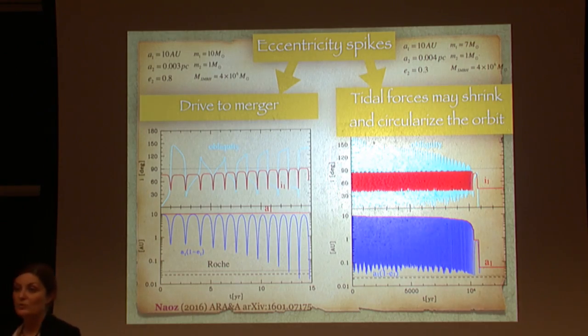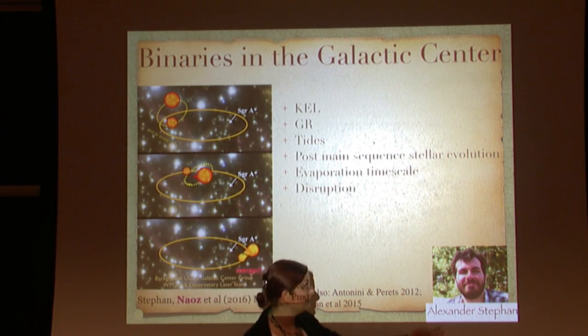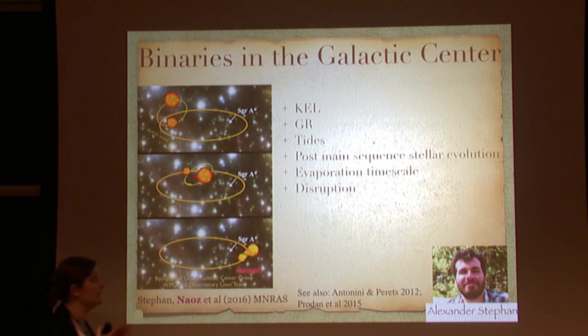So now let's put our binary in the galactic center and try to see what's going on. This is work that was led by my student from UCLA, Alexander Stephan. We included, of course, the EKL, general relativity, tides, and then post-main sequence stellar evolution, the evaporation timescale, and disruption if such a thing happens, and it happened a little bit.